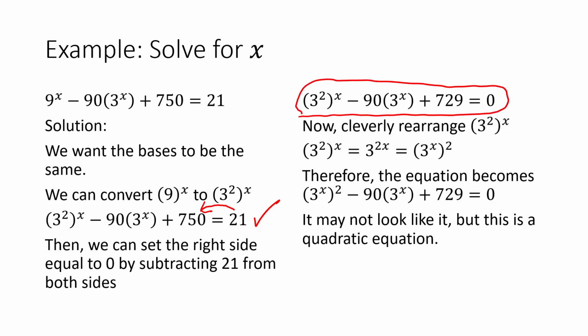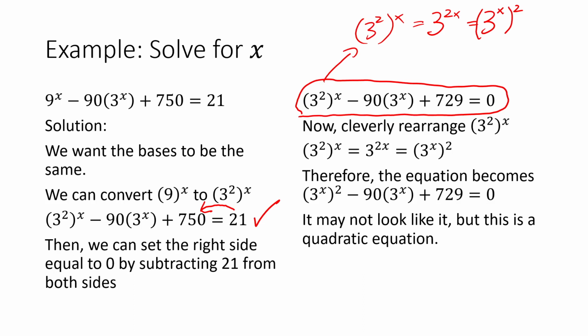Now, this is pretty clever, but check this out. If I've got 3 squared to the exponent x, that's the same as saying 3 to the 2x. Simply multiply those two exponents. Well, that's the same as saying 3 to the x times 2, which would be the same as 3 to the x quantity squared.